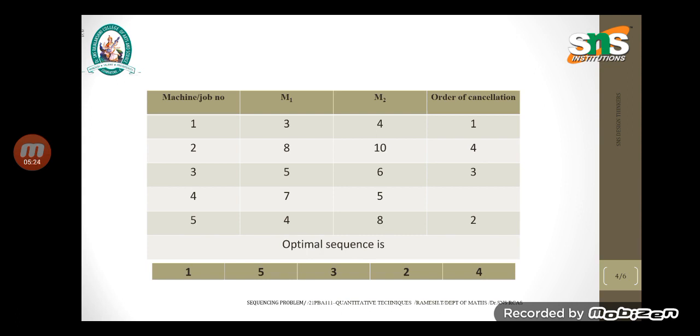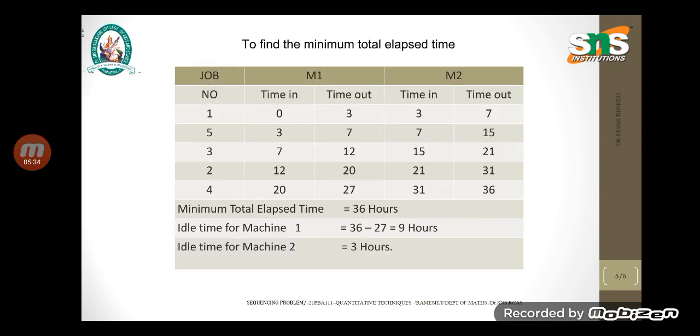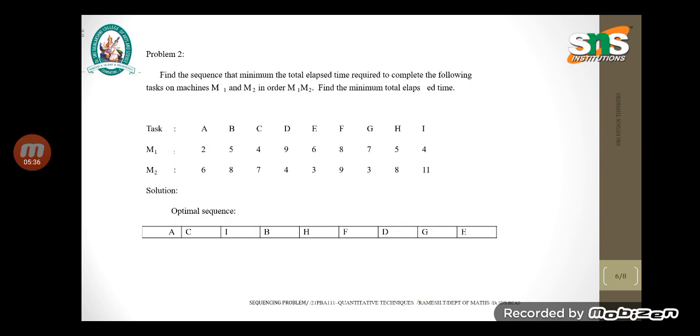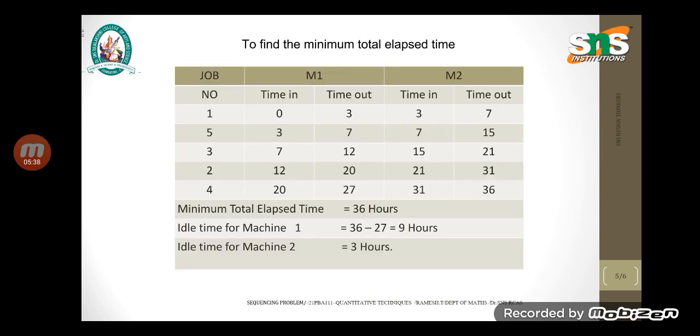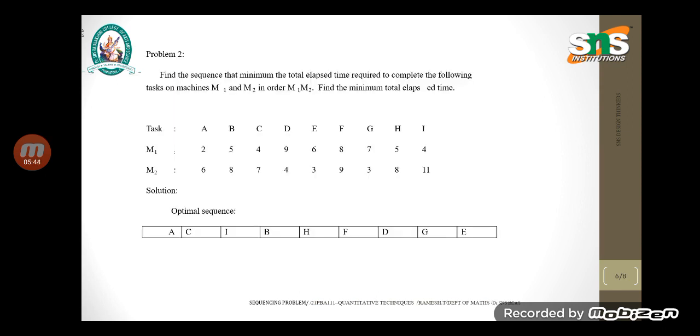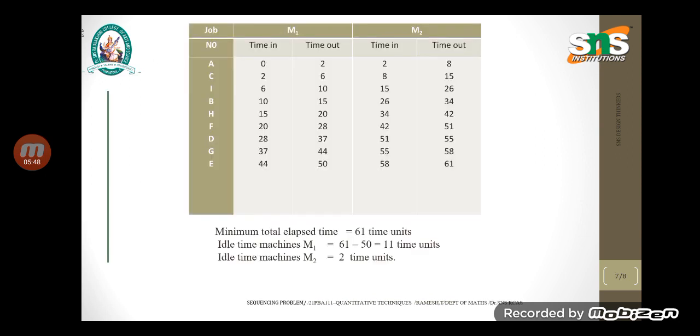Likewise, we discuss another problem. Jobs A, B, C, D up to I, with M1 and M2. First we consolidate and calculate the optimum sequence in the same way.